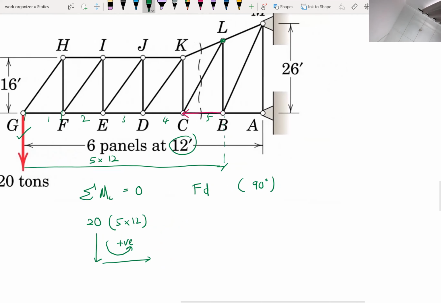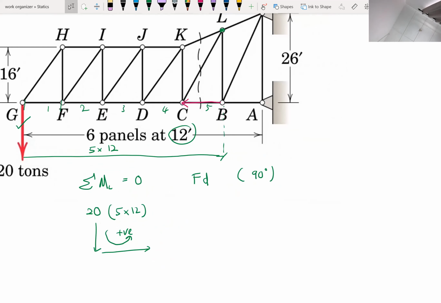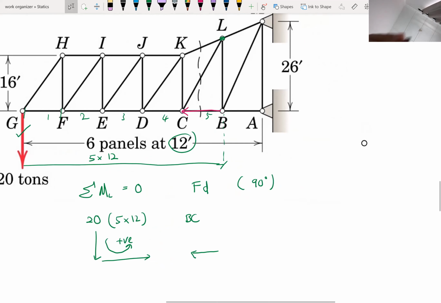Let's say BC, in this direction. The distance to L is 16, the same distance.